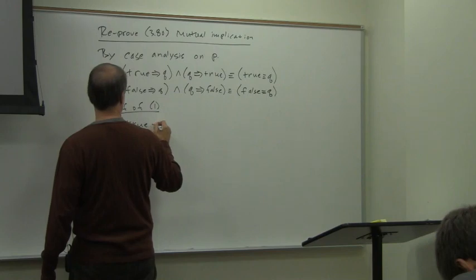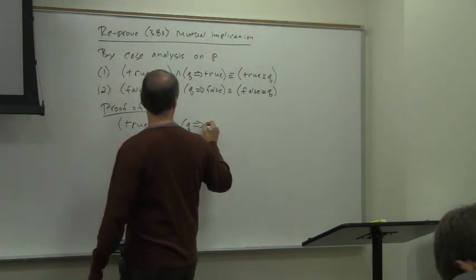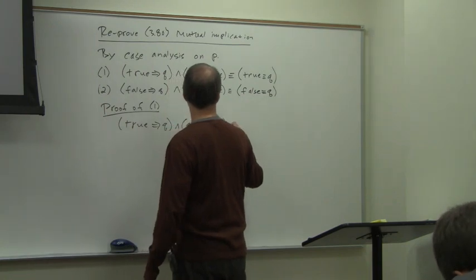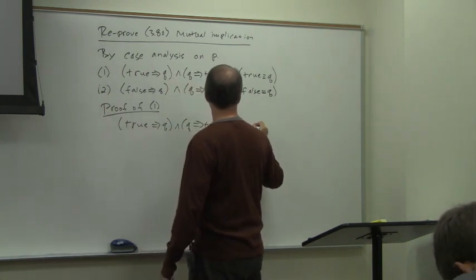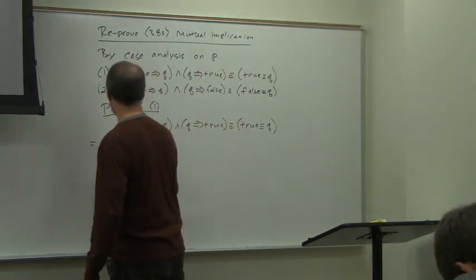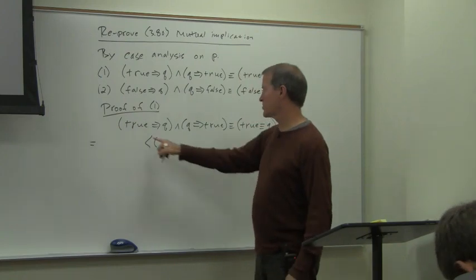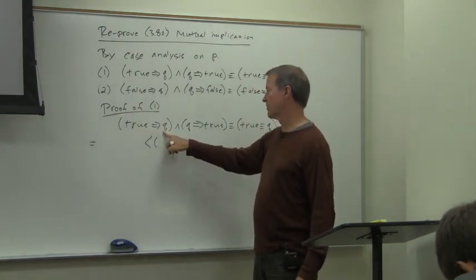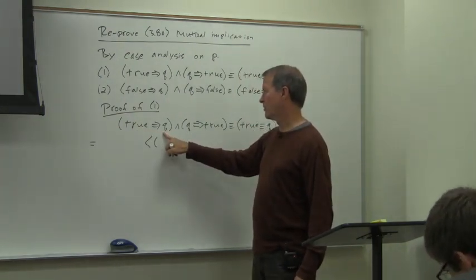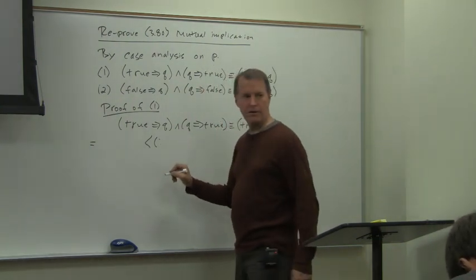Okay. True implies Q and Q implies true equivales Q. And let's use both of those at once. Which theorem was this one? 3.73, left identity.